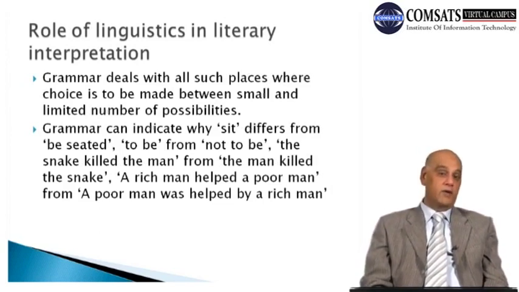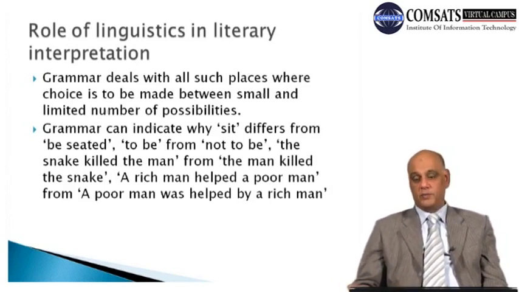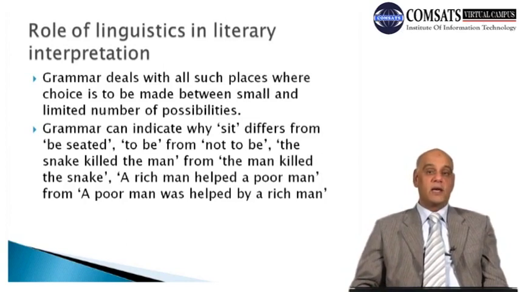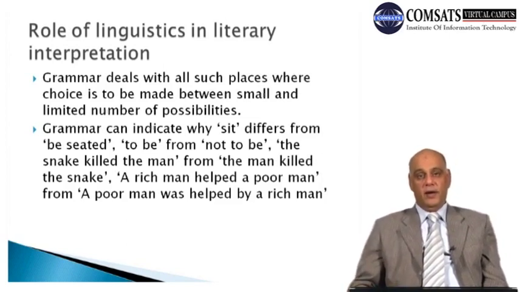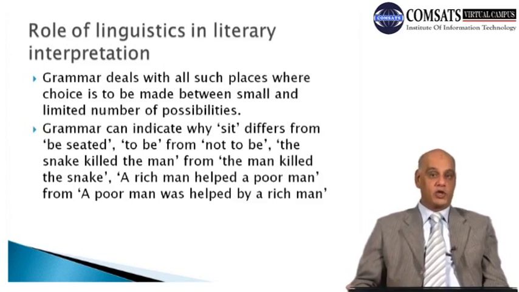So whenever you are making a choice between words, grammar deals with that choice, and sometimes you know that this choice can't be made because it won't be grammatically correct. So grammar plays its role there in helping us to make the right choice.